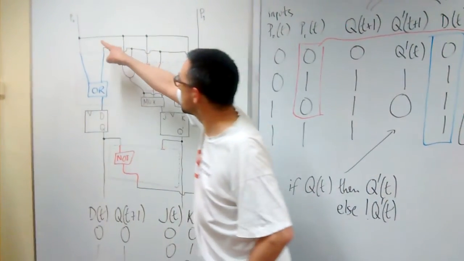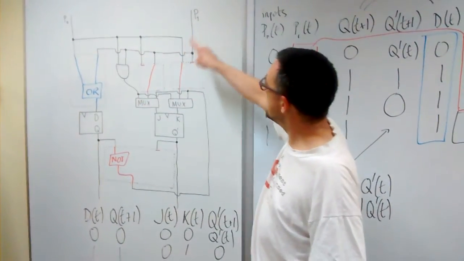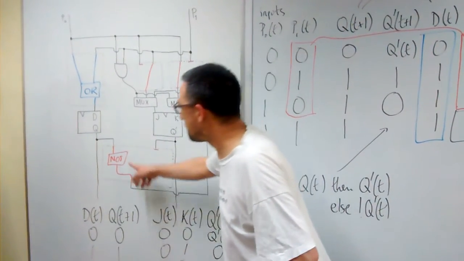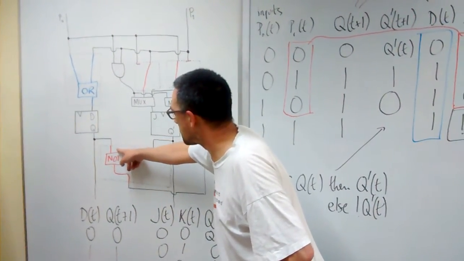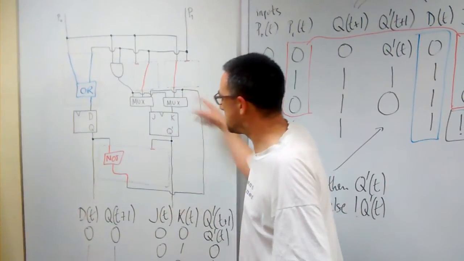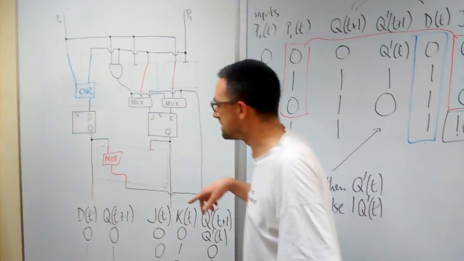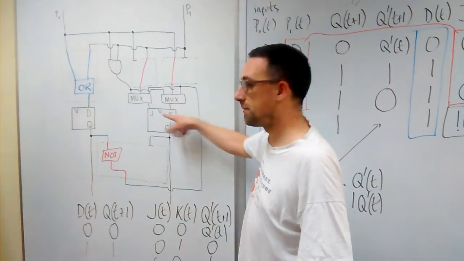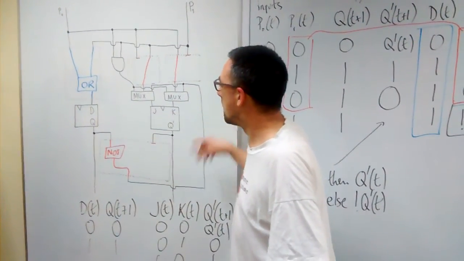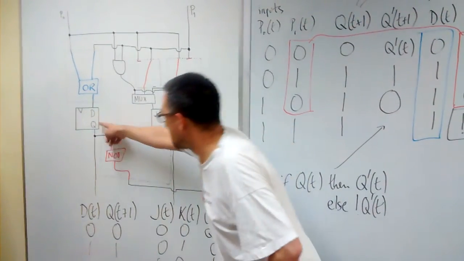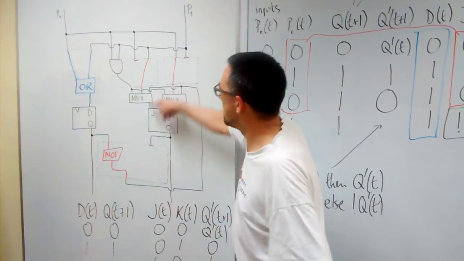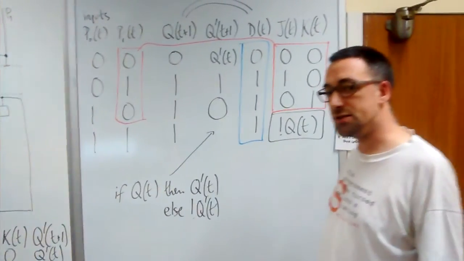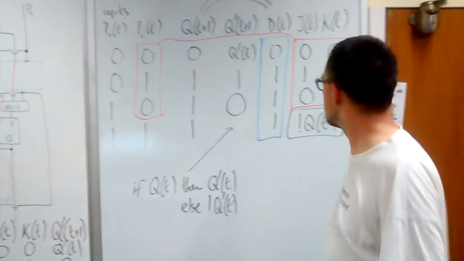And if both the computers want to print, then if somebody was currently printing, they will stay printing because J and K will both be 0, and if nobody was printing, then the JK flip-flop will toggle, because if Q is 0, then J and K will both be 1. So we have delivered the specification exactly as required.